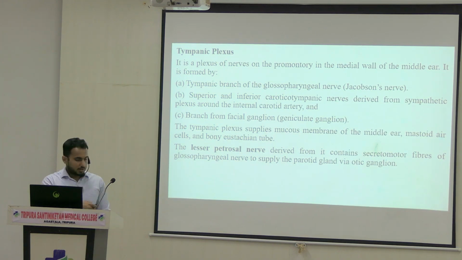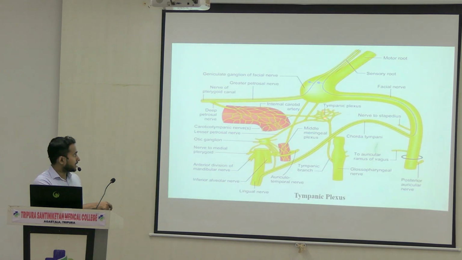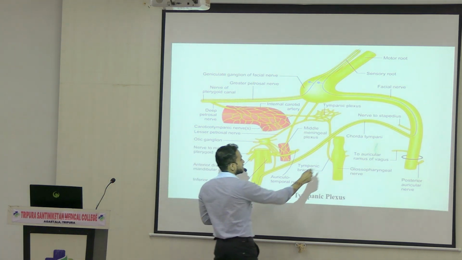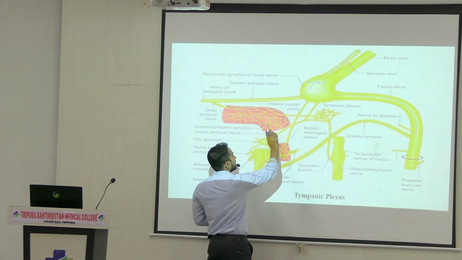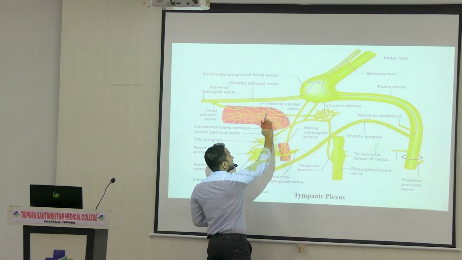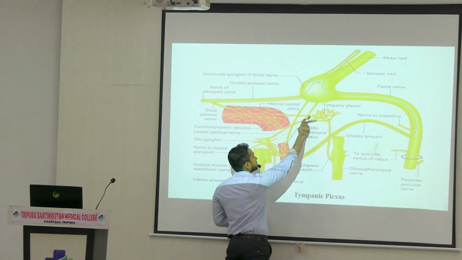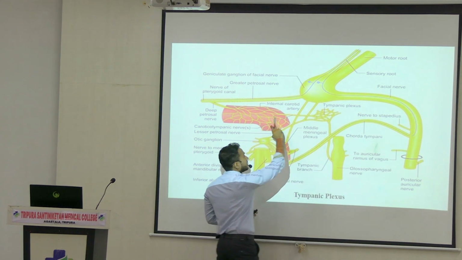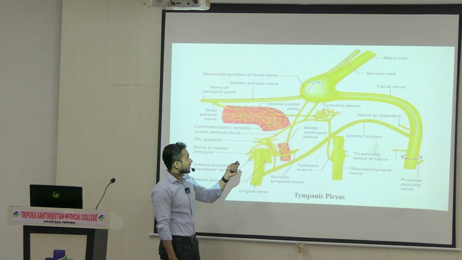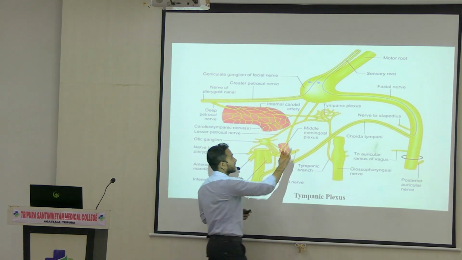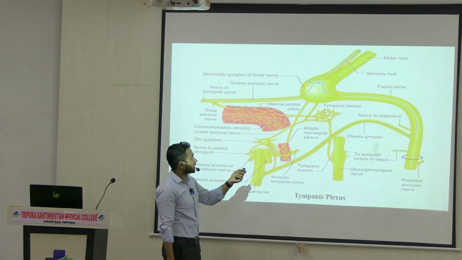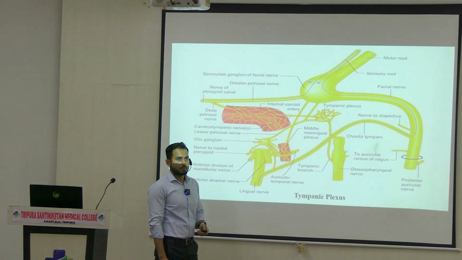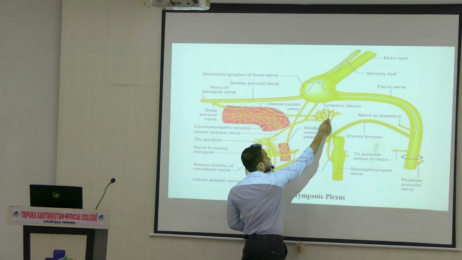Now here is the diagram. So this is the tympanic plexus. How will it be formed? As you can see, the tympanic branch of the glossopharyngeal nerve. Then this is the internal carotid artery. So the caroticotympanic nerve, which is coming from the sympathetic plexus around the internal carotid artery, will contribute, and a branch will come from the geniculate ganglion of the facial nerve. Like this, they will form the tympanic plexus.